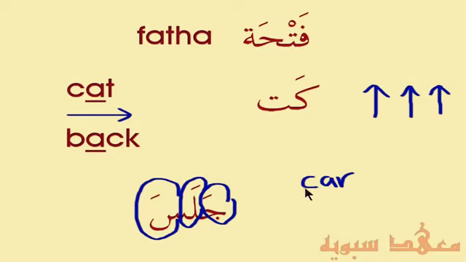Now here, when we say car, there's an elongation. That's written differently, and we'll explain that later on, inshallah. Just to note, it's a quick sound. So just ja, la, sa, jalasa. There's no elongation.